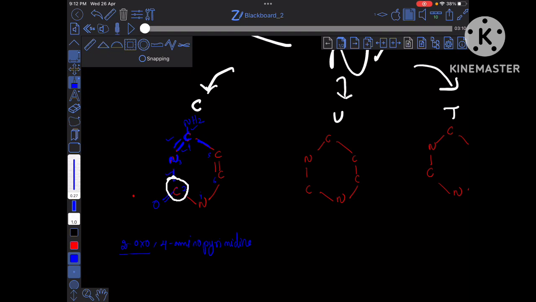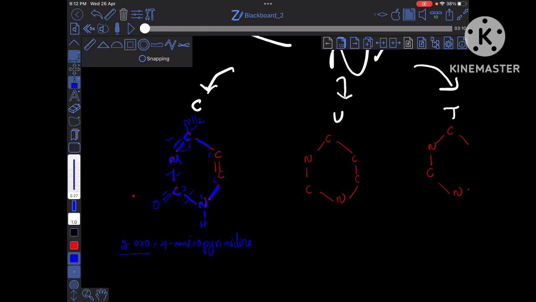With respect to the second carbon atom, yes, the valency is full. 1, here 2, so 3 total, and here one more, so 4. With respect to the first nitrogen atom, the valency is not full. Here there is 1, 2, so one more we can draw, a hydrogen atom.